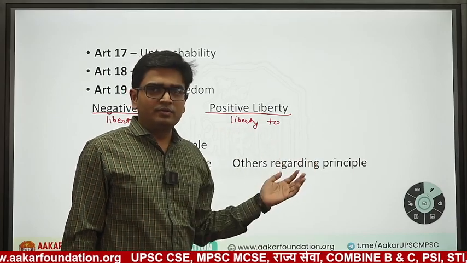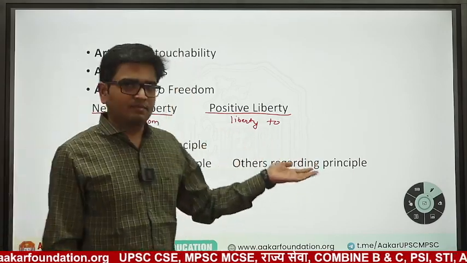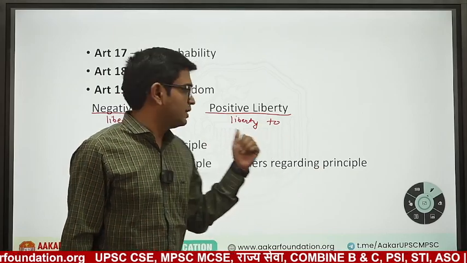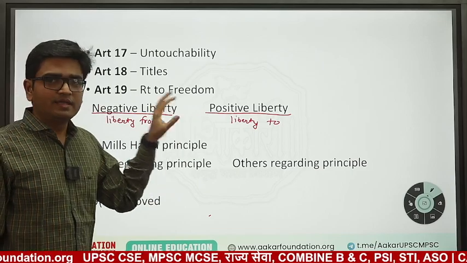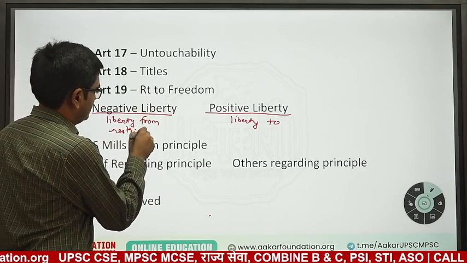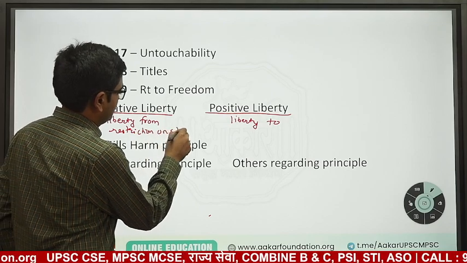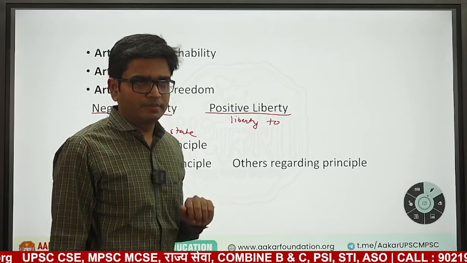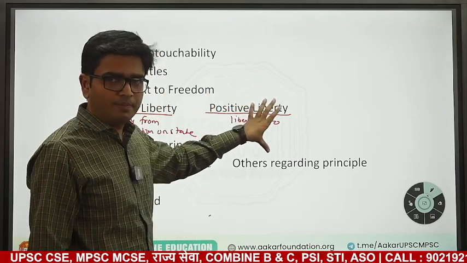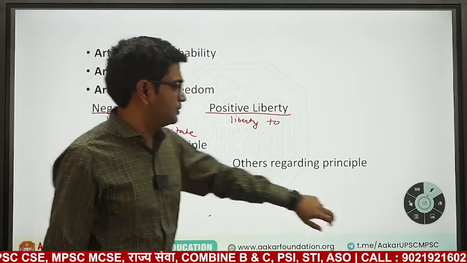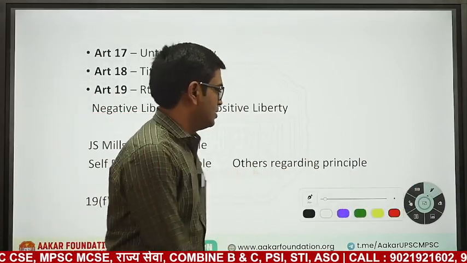By freedom, you are able to do anything without harming others, which is called positive liberty. That's liberty to, and this is liberty from the state, where there are restrictions on the state. So this is a negative liberty, this is a positive liberty. This is regarding our development, this is regarding restriction on the state.